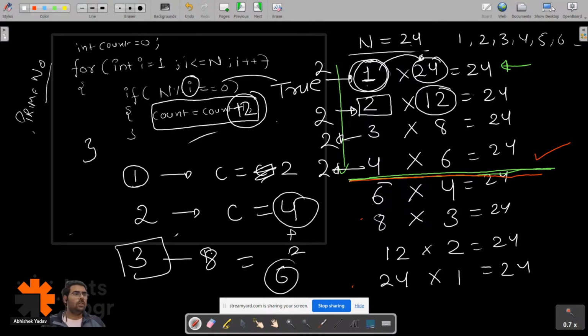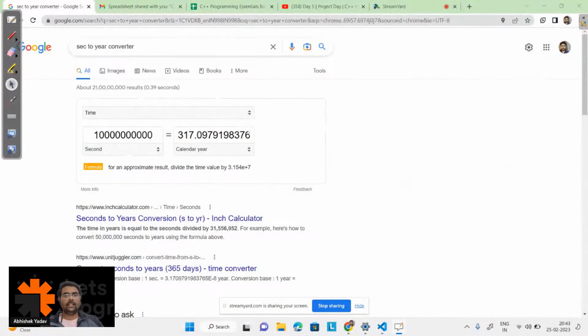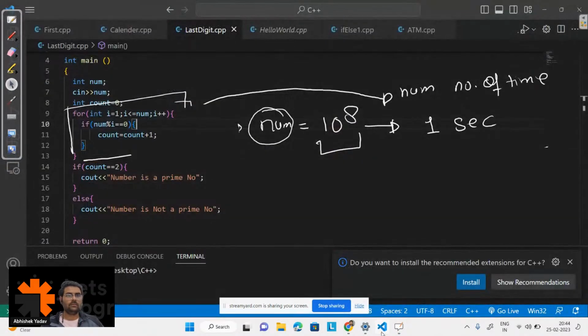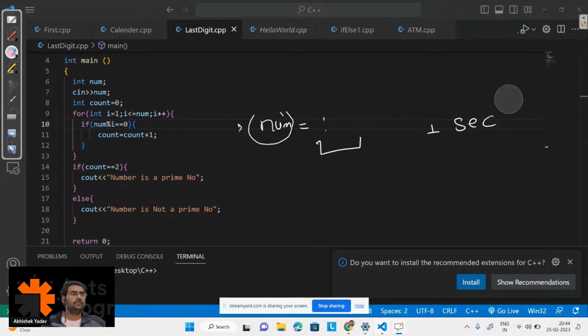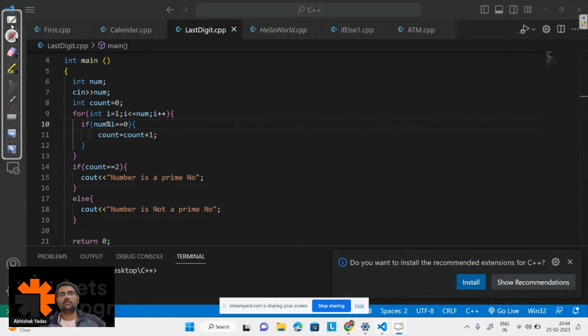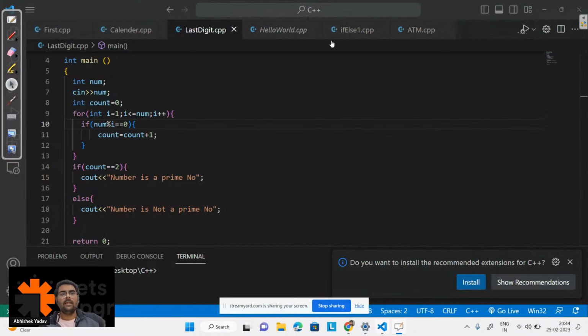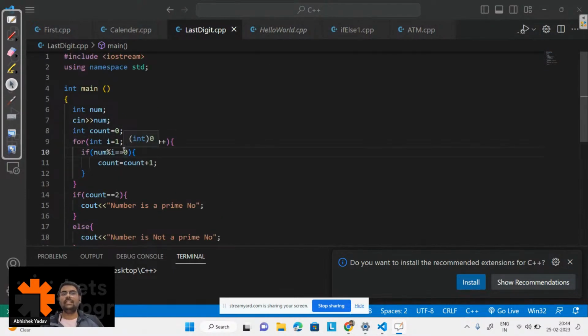So let's try to code this part, then you will get the clear understanding. Yeah, so this is a brute force solution.